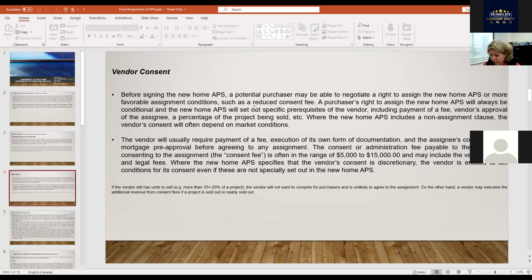I was representing the assignee, and I found a very strange clause that the agent for the assignor wants the assignee to accept this assignment absolutely without any consideration of the builder's consent agreement. I was shocked because I understood that something was going on there.